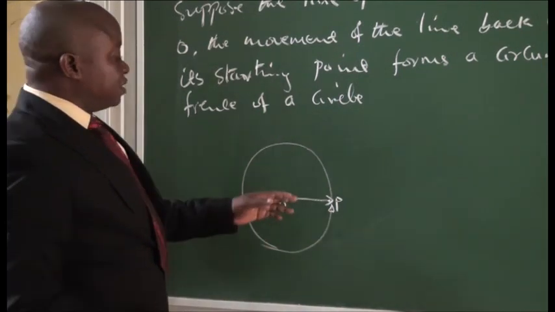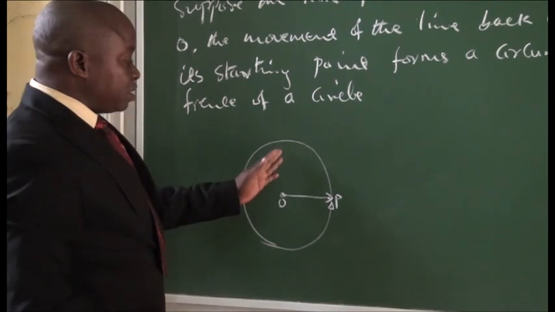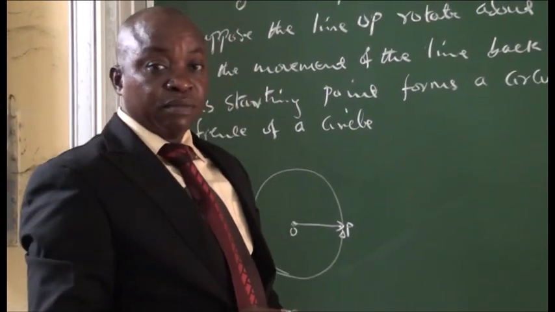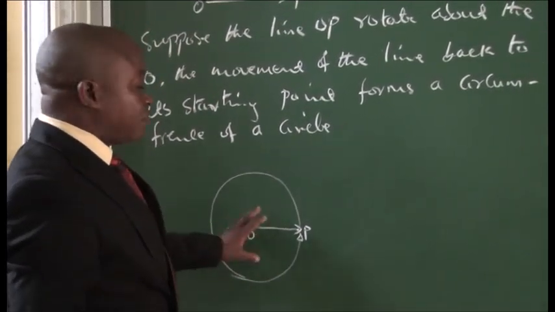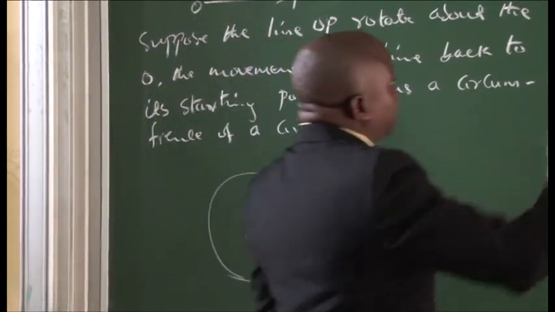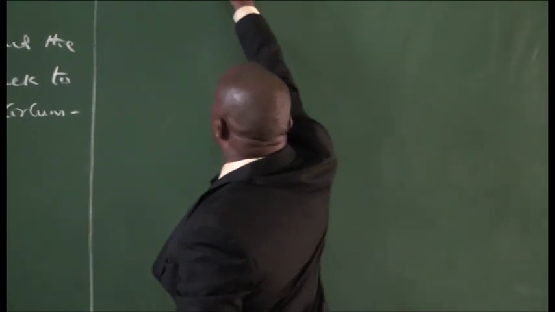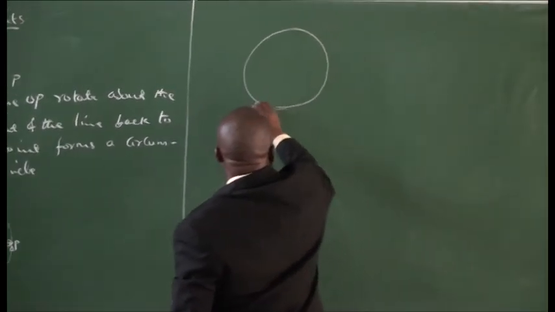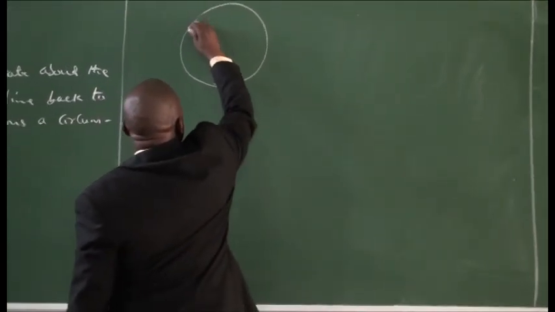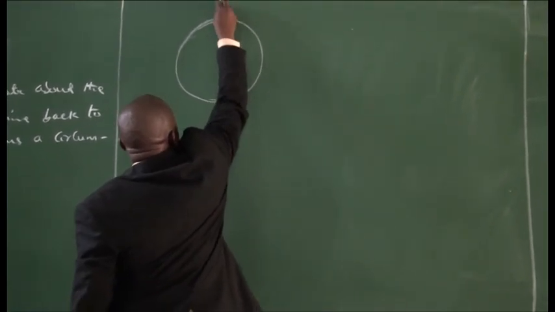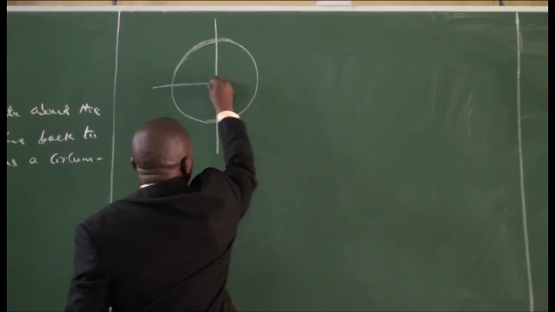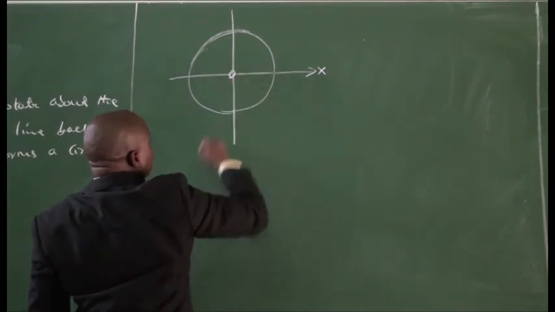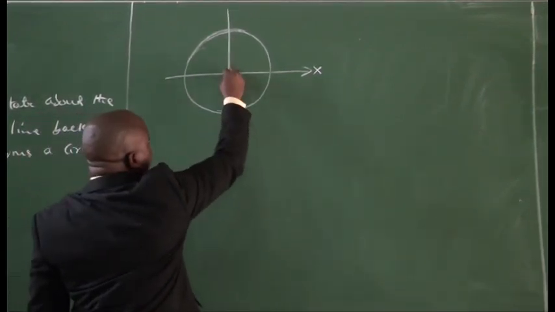Now, the circle that you are seeing can be divided into 4 by the Cartesian plane. So I'm going to place it on the Cartesian plane. If I do that, I will have something of this nature. This is the x axis, and this is the point O, which we know.